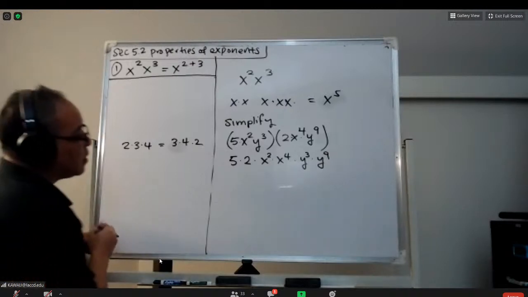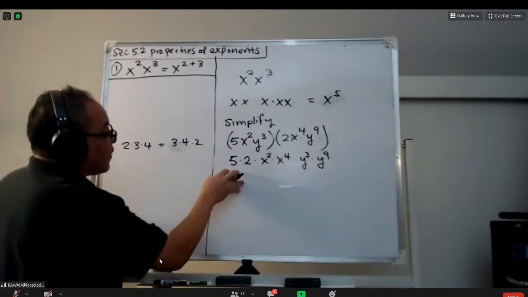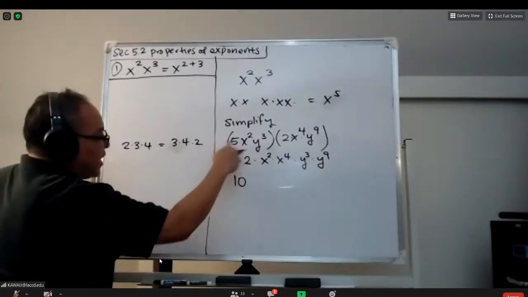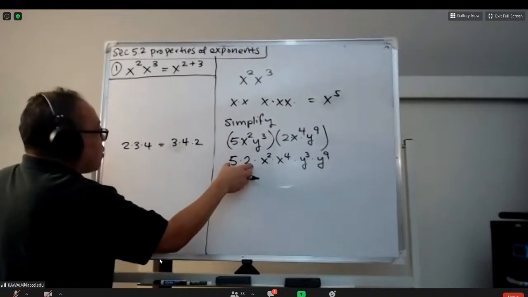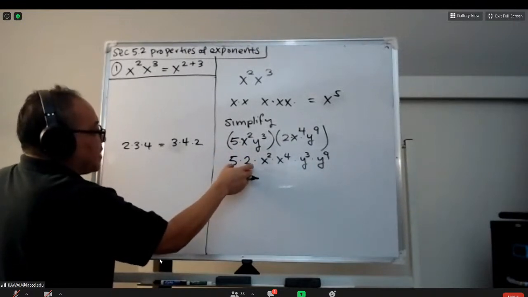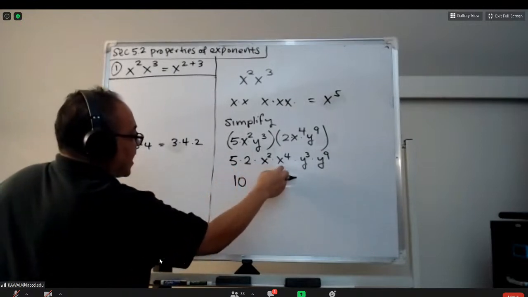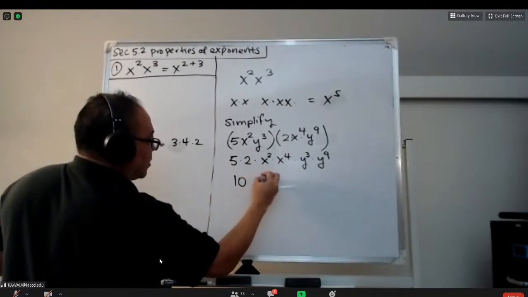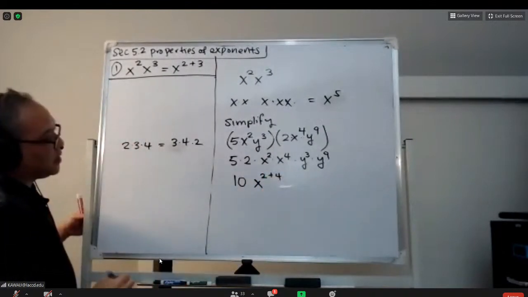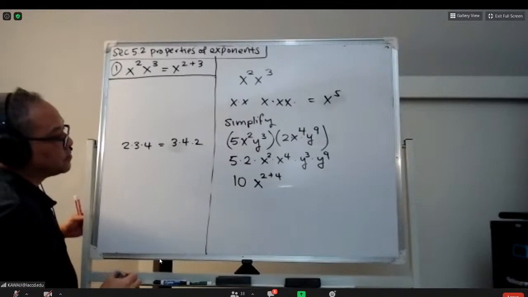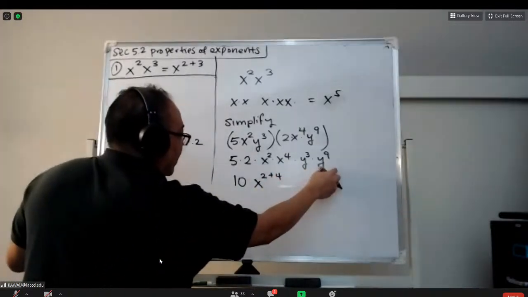Now, 5 times 2 is equal to 10. None of that has changed. We're not using any exponent rules here. All we're doing is multiplying the numbers. 5 times 2 is 10. Now I've got 2 of these and I've got 4 of them. And when I put them together, I should get that. I got 3 of these and I got 9 of those.